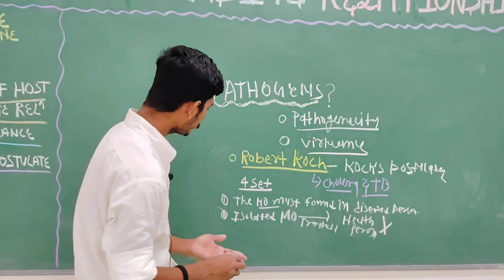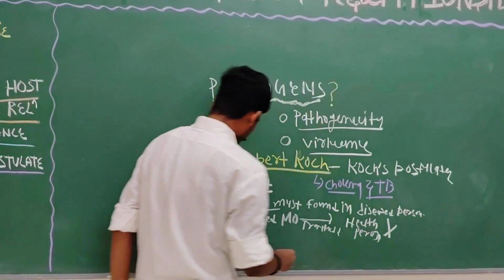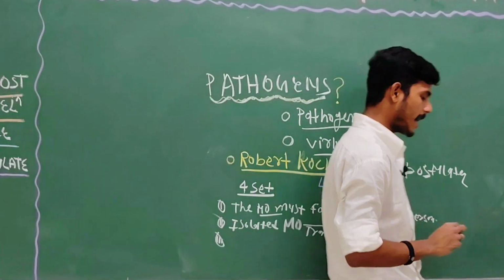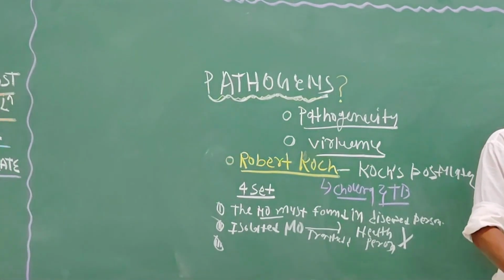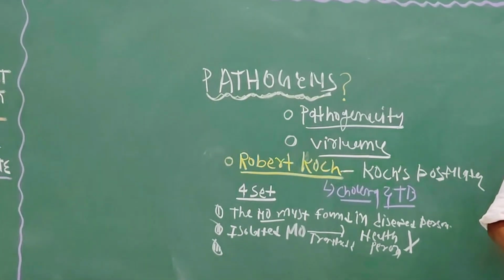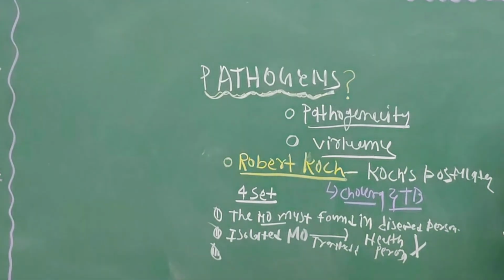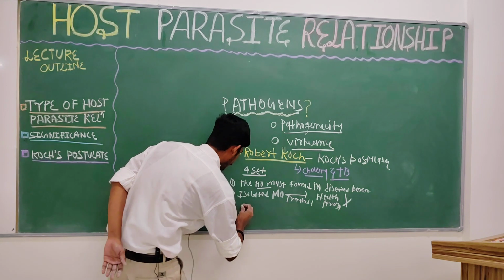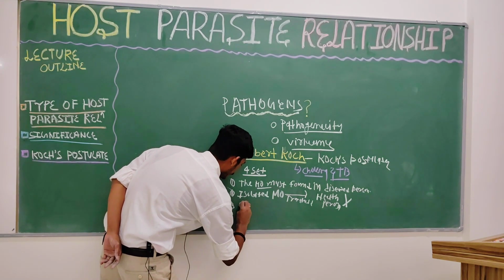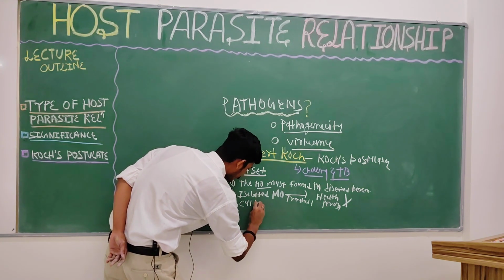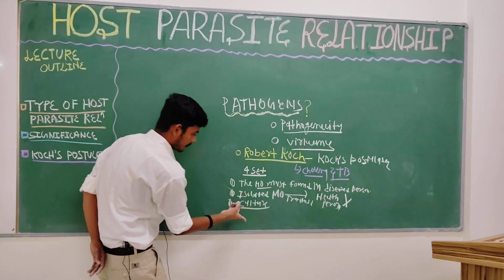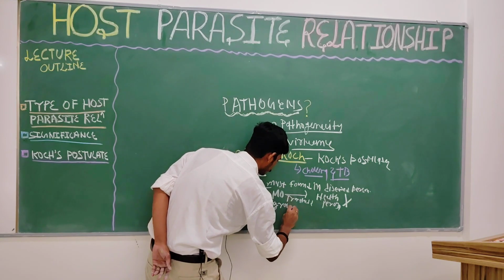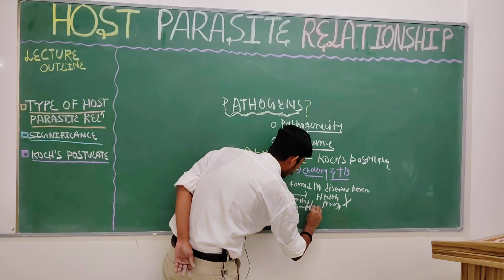Then in the third postulate, he said that these microorganisms must grow on culture, and that's debatable.